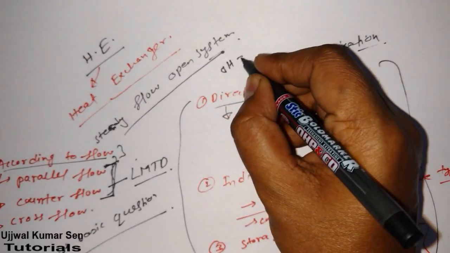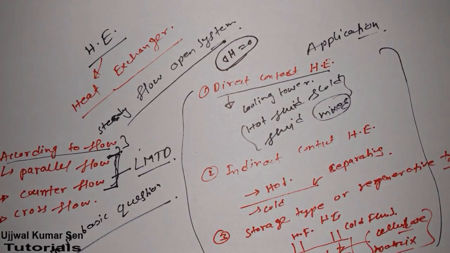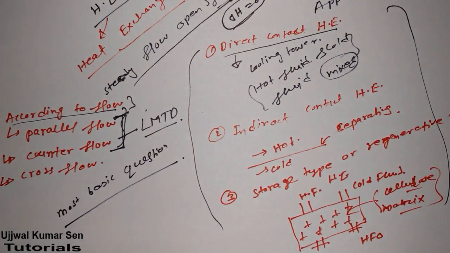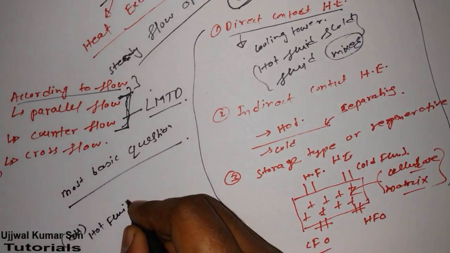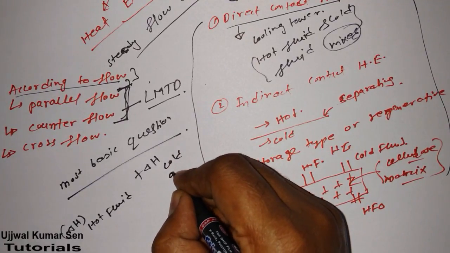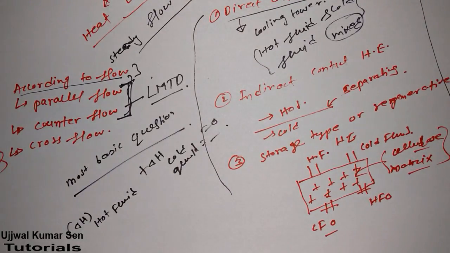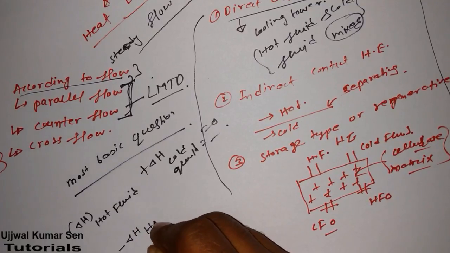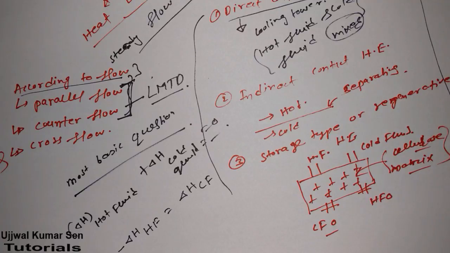Then change in enthalpy is equal to 0, and because net change in enthalpy of heat exchanger is 0, then we can say enthalpy change of hot fluid plus enthalpy change of cold fluid is equal to 0. Simple. We can also say this, delta H of hot fluid is equal to delta H of cold fluid. We can also write this, right?